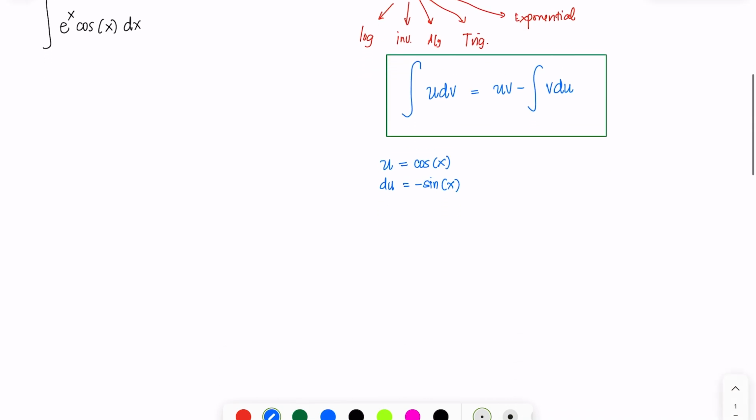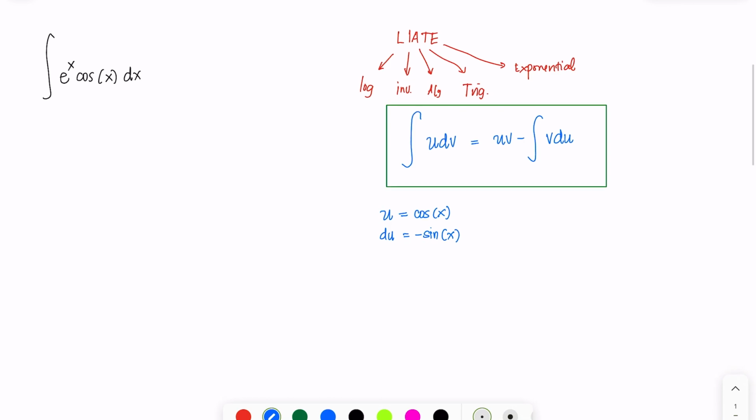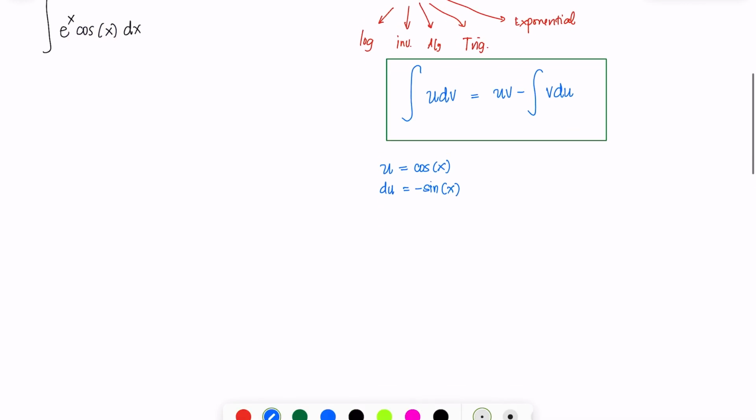Now, I've mentioned earlier that once you have set which part of the integral is your u, in this case the cosine of x, everything that remains in your integral is your dv. So in this case, it's very clear that my dv is given by e^x dx.